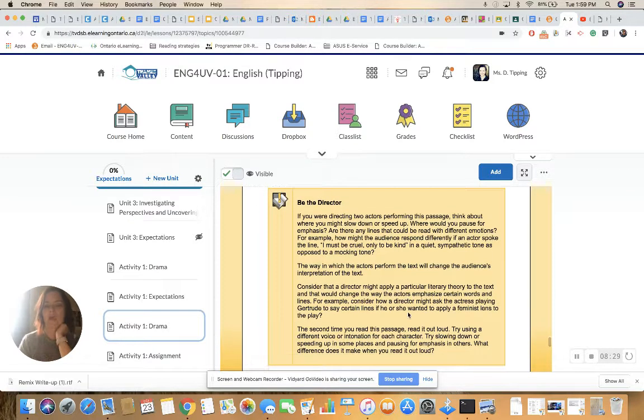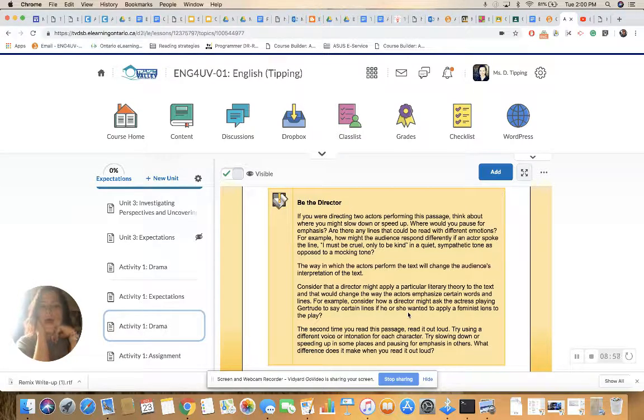The second time you read it, I want you to imagine if you were directing the two actors performing this passage, where would you slow down or speed up? Where would you pause for emphasis? Are there any lines that could be read with different emotions? For example, when Hamlet says, "I must be cruel only to be kind," he could say it in a quiet, sympathetic tone, and that would have a totally different impression than if he said it in a mocking tone. Think about what that would be.